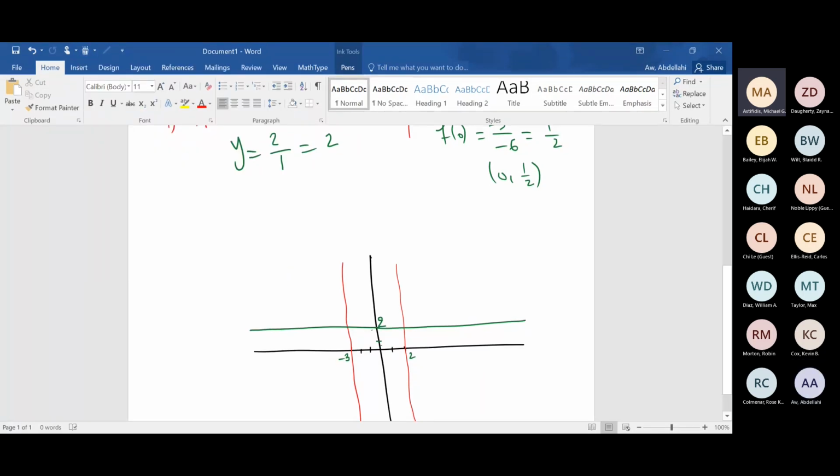Right? Okay, so that is the y-intercept. Okay, now for the x-intercept.